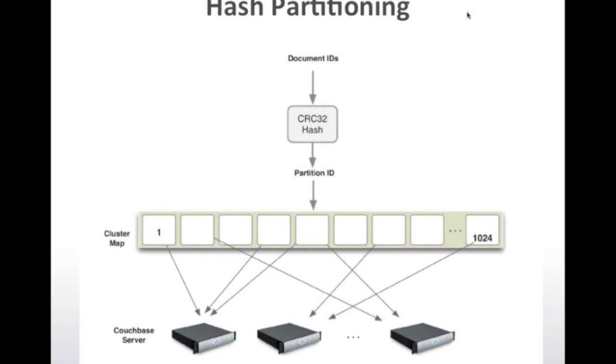Now, vbuckets are nothing but virtual partitions that we have in Couchbase for managing things, and it's a unit of data that can be replicated as well as assigned to different nodes in the Couchbase server. And when you have data, we know which vbucket it resides in, and there's a cluster map which actually manages the mapping between a vbucket to a physical node, and that's how we determine where the data is residing.